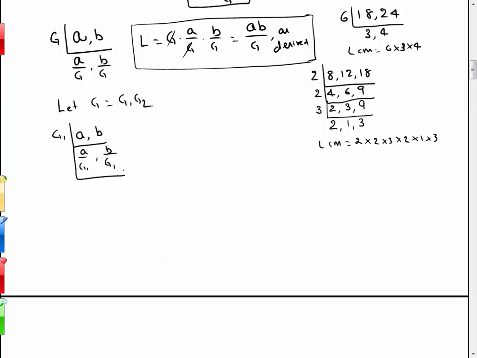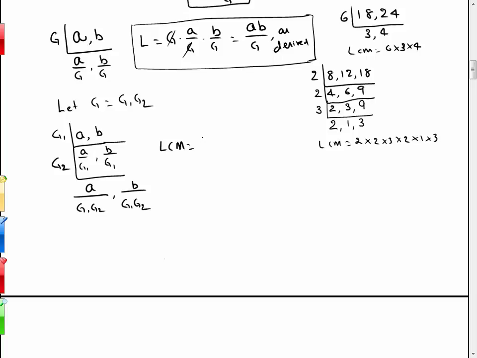In fact, G2 you will find will go into A over G1 and B over G1. Therefore, we'll divide by G2. And when we do, we get A over G1 G2, B over G1 G2. Right? However, since G1 G2 is the greatest common factor, A over G1 G2 and B over G1 G2 must be relatively prime. So we have hit this stage where we simply multiply.